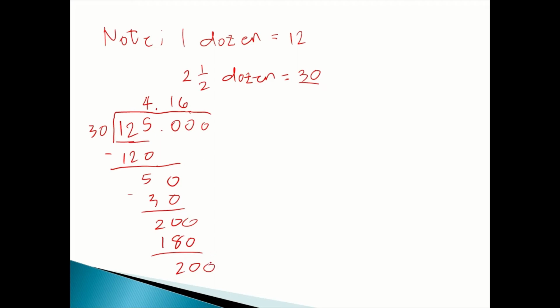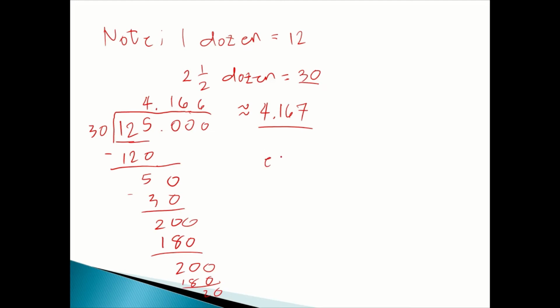So we bring down 0 again, and we get the same answer, 1.66, and that's 180, and that's 20. The process keeps on repeating, which means we can now have an approximate value of 4.167. So that will be the price value for each egg.